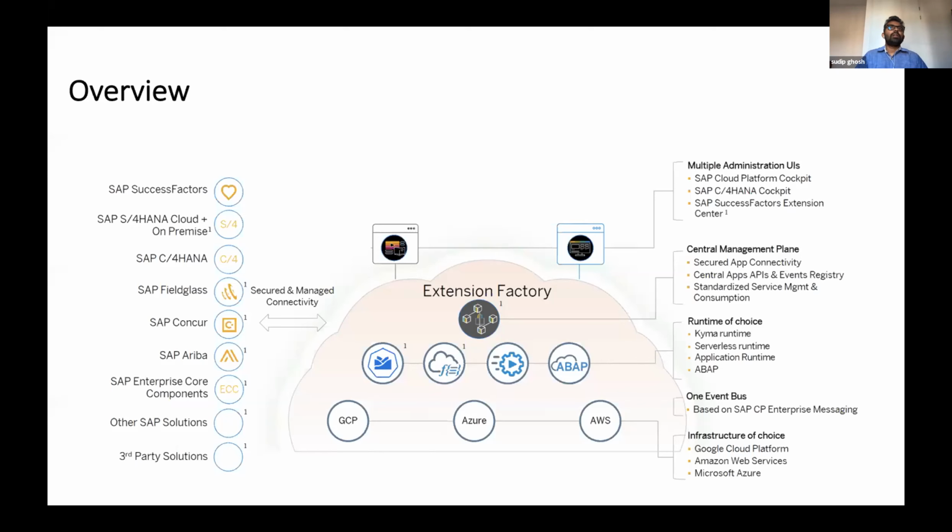But for heavier extensions, where you have to deal with different services, maybe third-party services, we always prefer side-by-side extensions because you develop them outside of SAP. That concept was going on, and then last year the Extension Factory framework came.